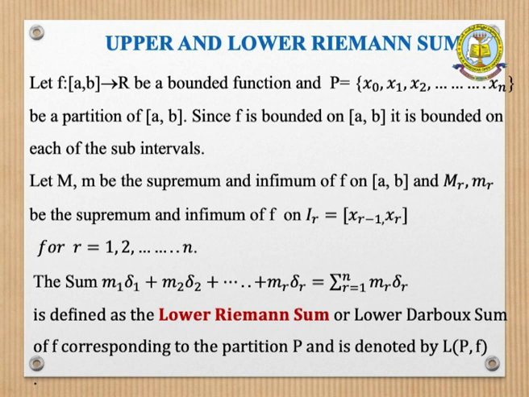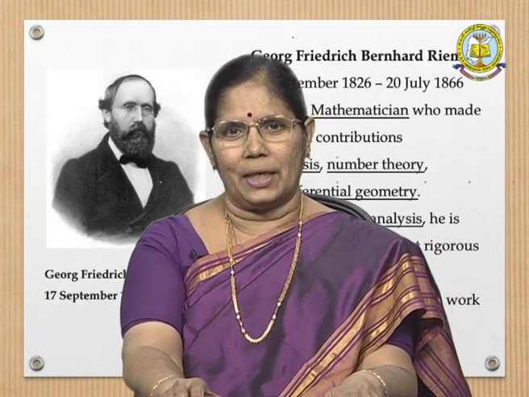Similarly, we define the sum capital M1 delta 1 plus capital M2 delta 2 and so on, which is nothing but sigma r equal to 1 to n of capital Mr delta r. This is known as the upper Riemann sum or upper Darboux sum corresponding to the partition P.